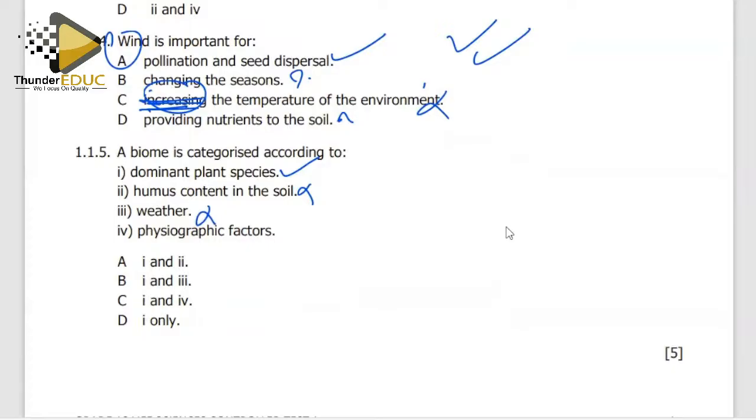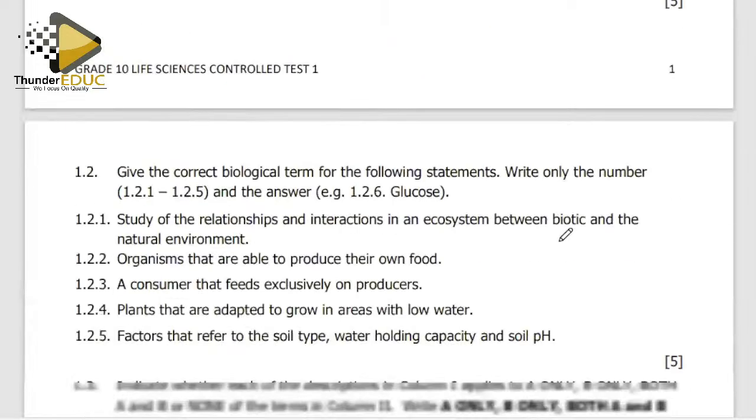And then physiographic factors, not really. So the most correct answer here is dominant plant species. So D becomes the most correct answer.